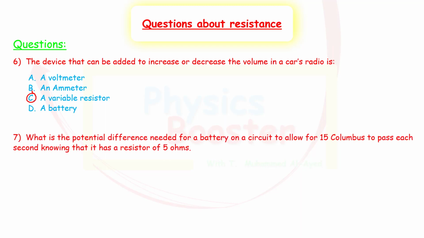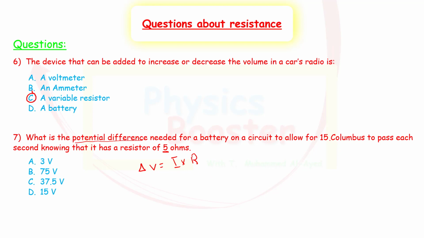What is the potential difference needed for a battery in a circuit to allow for 15 coulombs to pass each second, knowing that it has a resistor equal to 5 ohms? Okay, it's asking about the potential difference, right? The potential difference, delta V, is equal to I multiplied by R. Now we see that we have the resistance, which is 5 ohms, but we do not have the current right here.